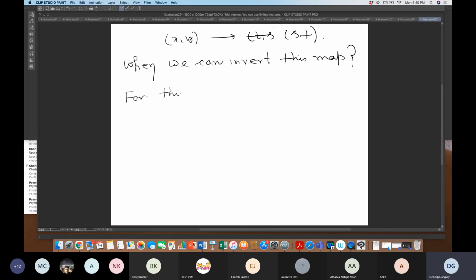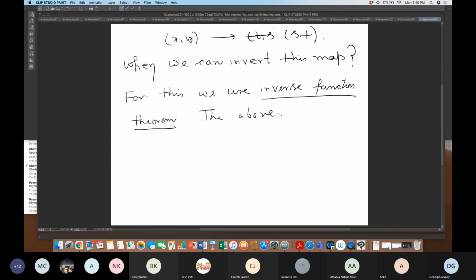For this, we use the inverse function theorem. The above map, that means this is in terms of x of s,t, y of s,t, right?